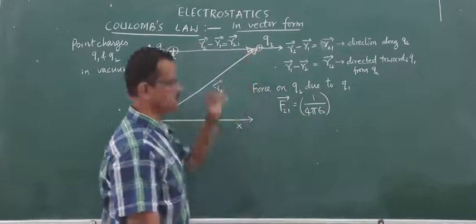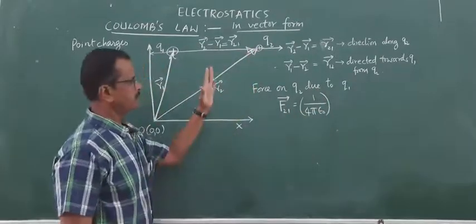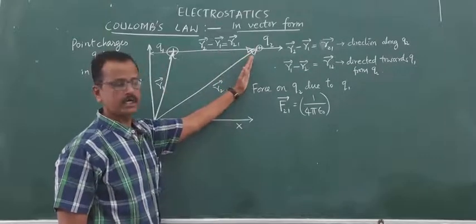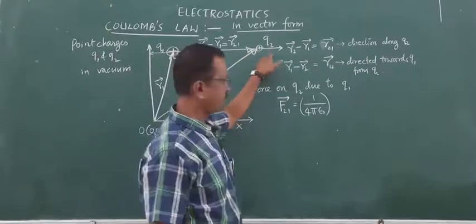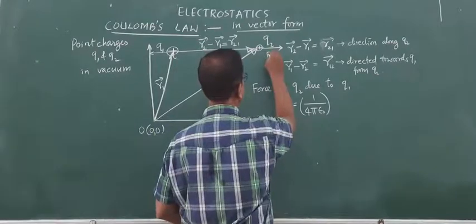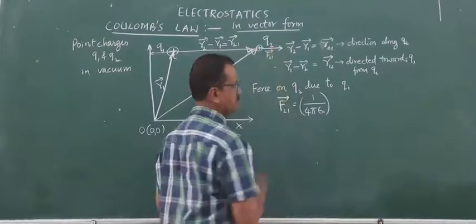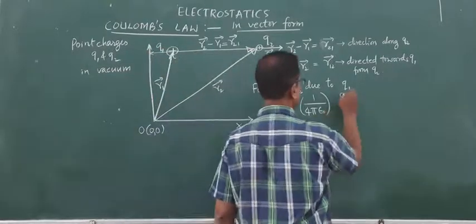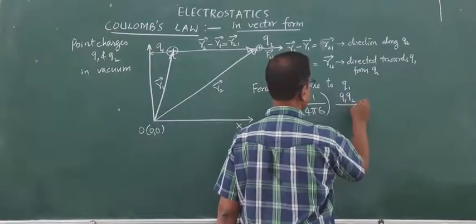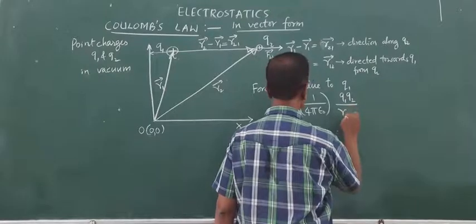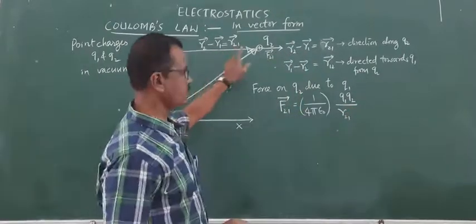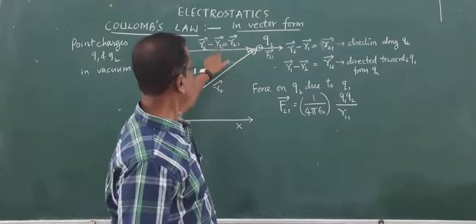Then F21, force on 2 due to 1, we know is going to be a repulsive force, along the line joining the two charges. It becomes Q1 Q2 by R21 square, where the direction is the R21 vector, R2 minus R1.